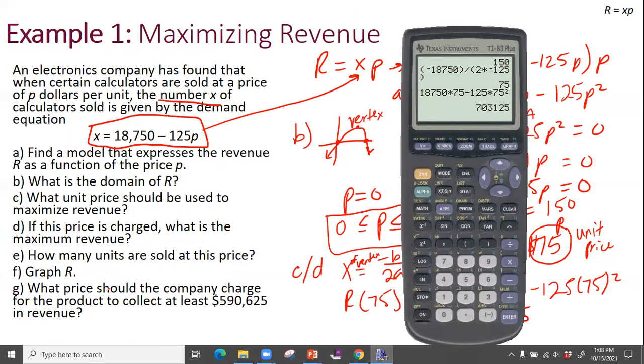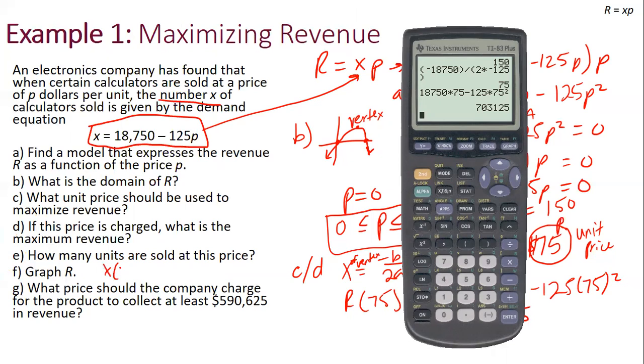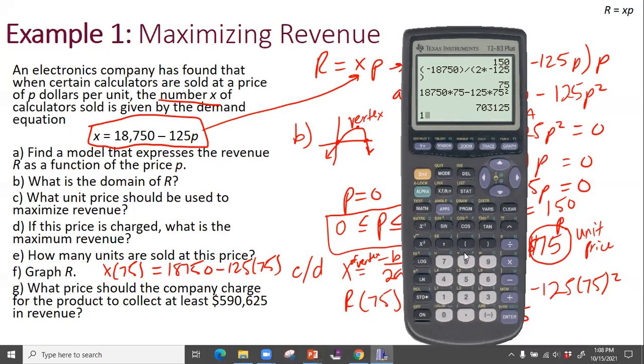So I would plug in 75 to figure out how many units were sold. So we're now looking at X of 75 equals 18,750 minus 125 times 75. We're going to put that in. 18,750 minus 125 times 75.